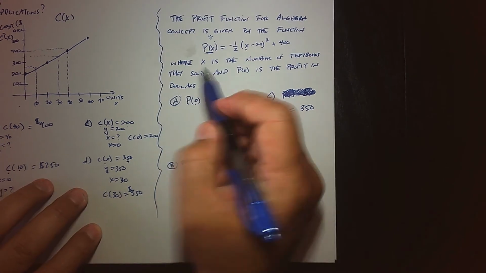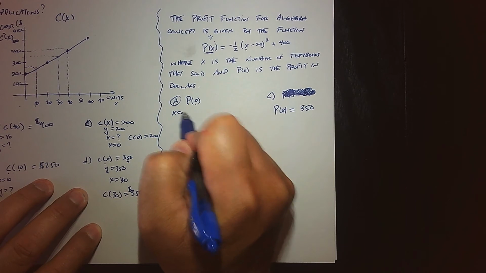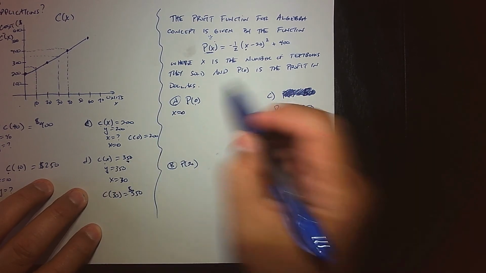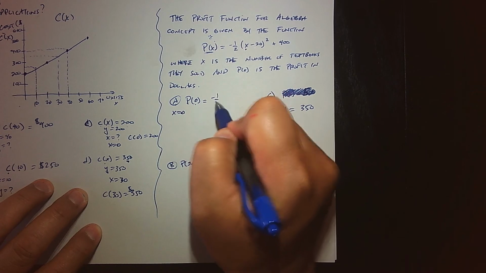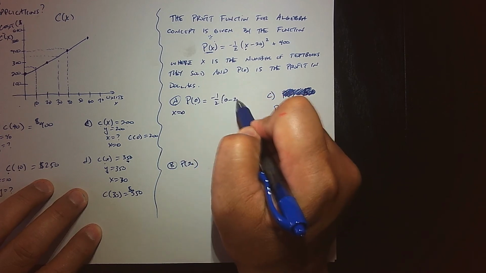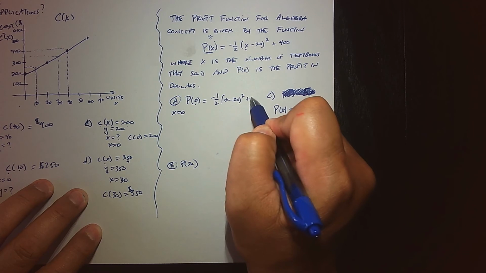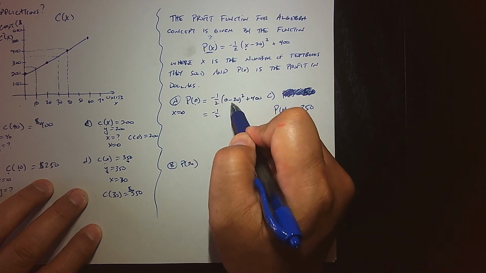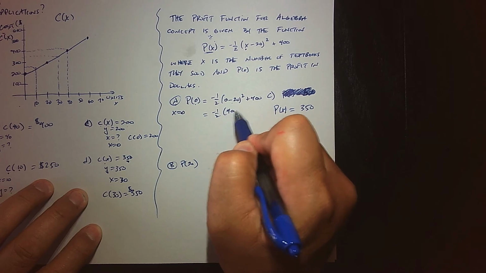Well, this is basically telling me that if I have x equal to 0, so if I have no textbooks, what will my profit be? So we basically just plug in that value. All right, and I think this is -20 squared, I believe, is 400.